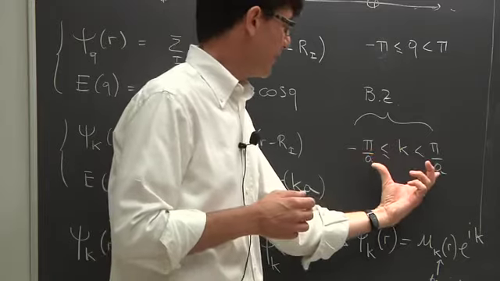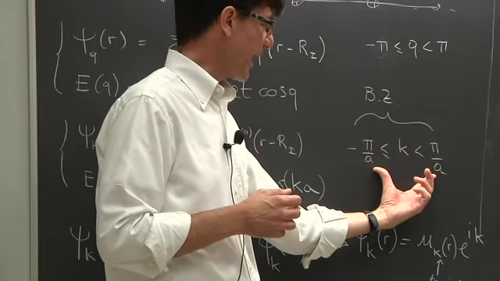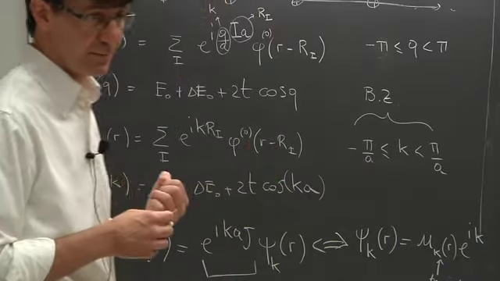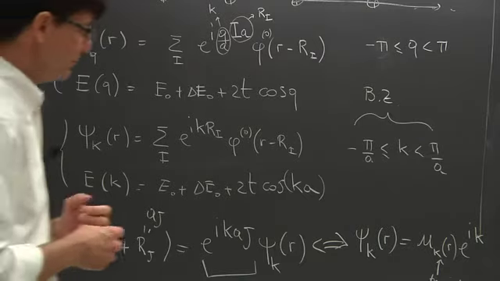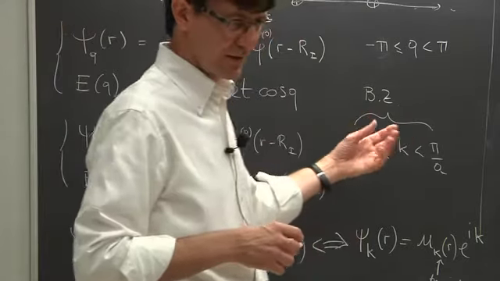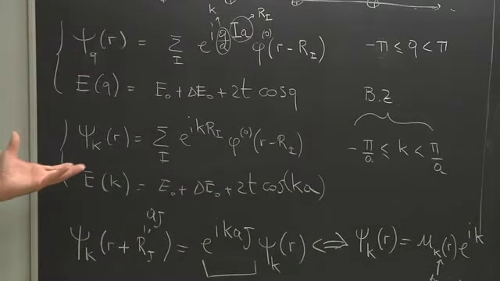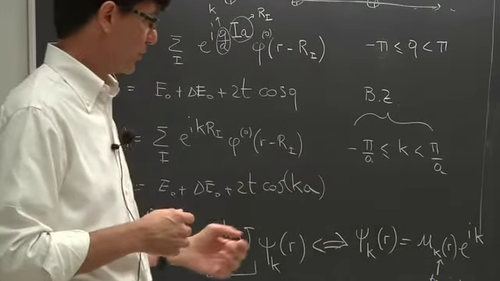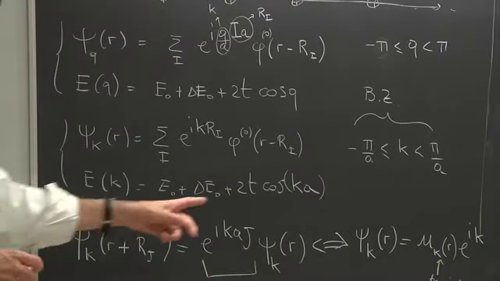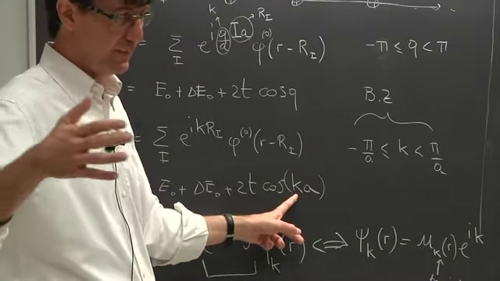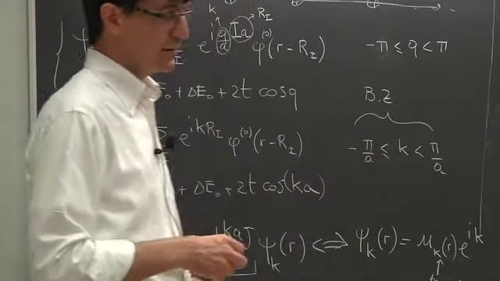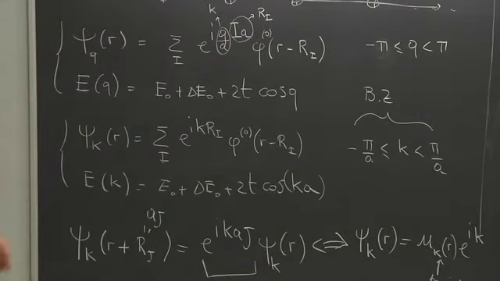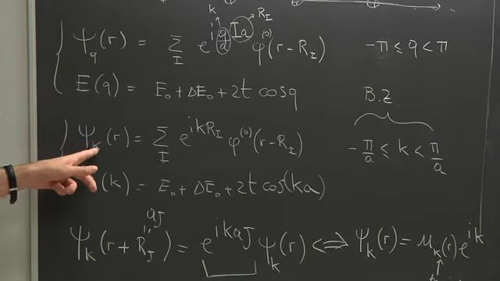Not only that, but this range of k's corresponds to the unit cell of the reciprocal space. We didn't introduce this terminology before, but now it becomes clear that this was exactly what I'm saying. This function has a periodicity 2 pi over a, which is the periodicity of the reciprocal lattice in one dimension. This is the unit cell in one dimension. So I can rephrase these statements by saying that solutions can be classified according to a quantum number k.